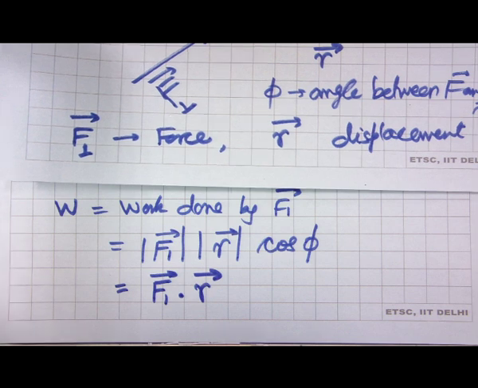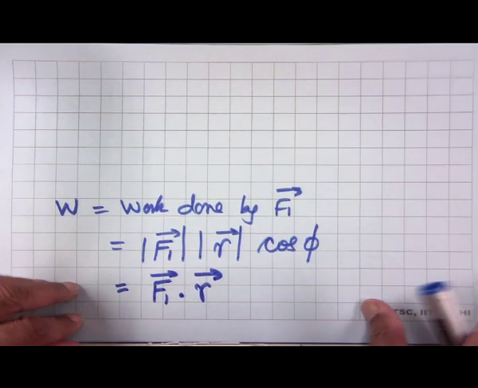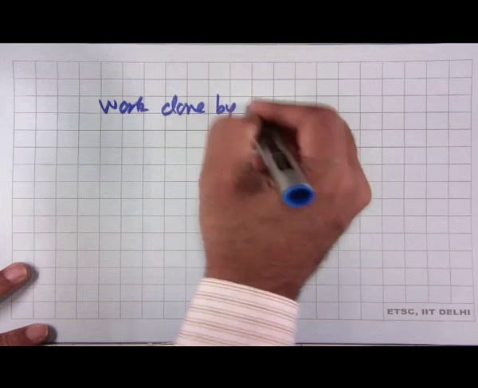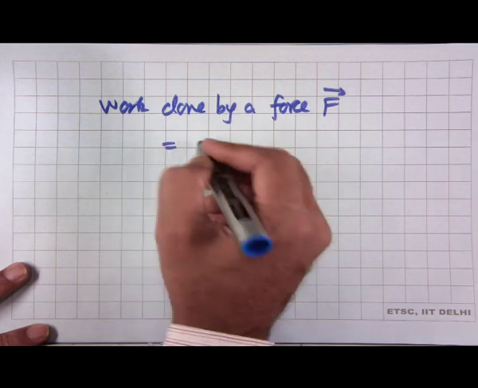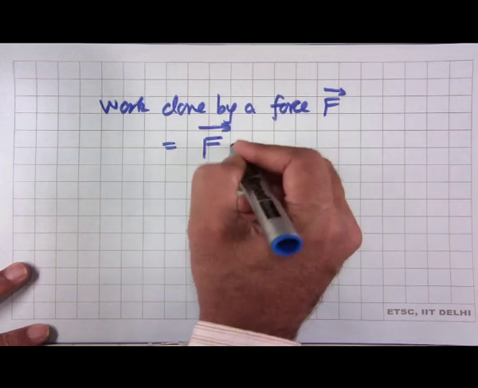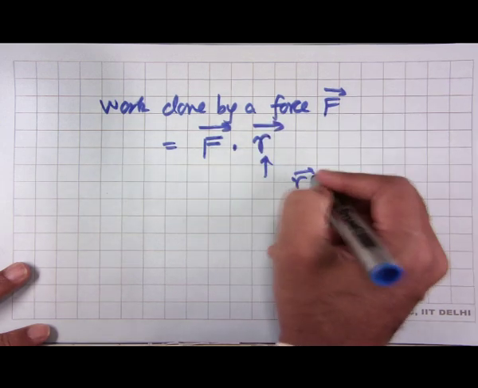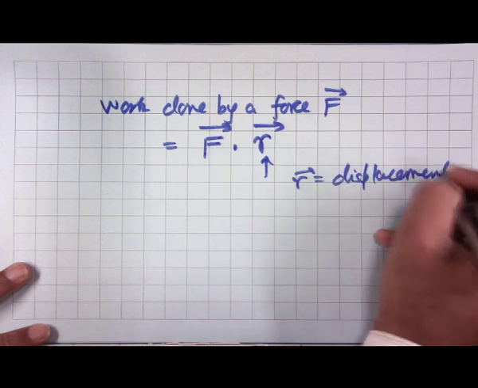So, therefore, what we see is the work done by a force F will be equal to force dotted with the displacement vector, where R is equal to the displacement vector.